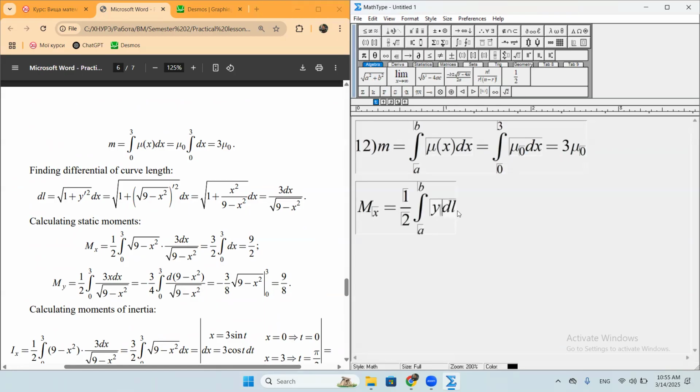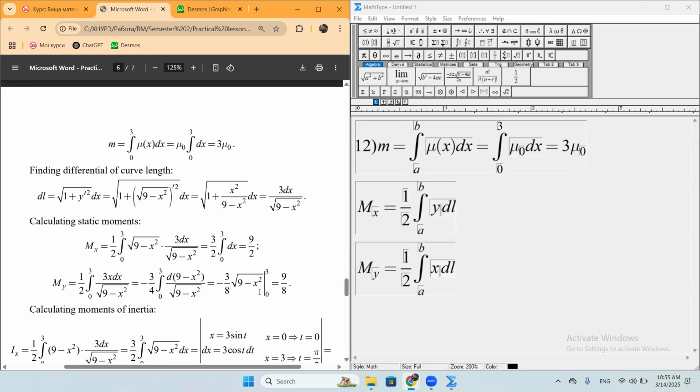And for x, vice versa. So with respect to the y-axis, everything is vice versa. So here is dl. And we just substitute this square root instead of y, and for the other one we substitute x. The first integral is easier to calculate, but anyway, all of them can be calculated.